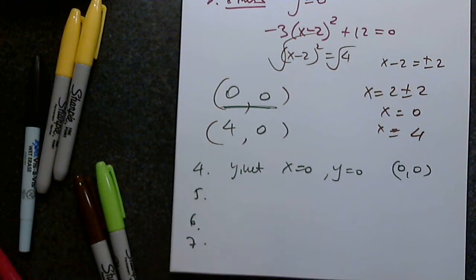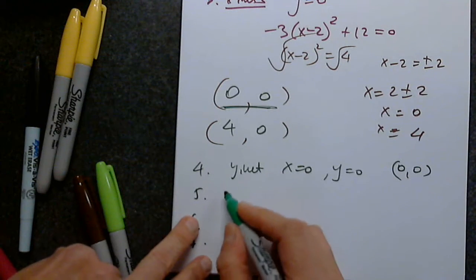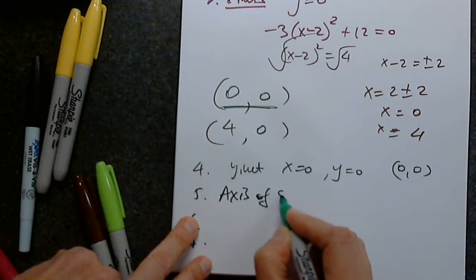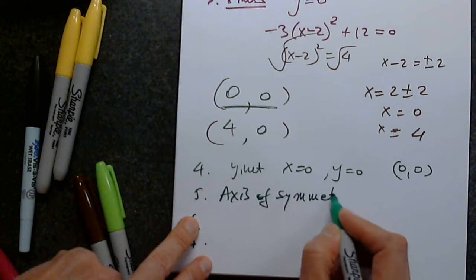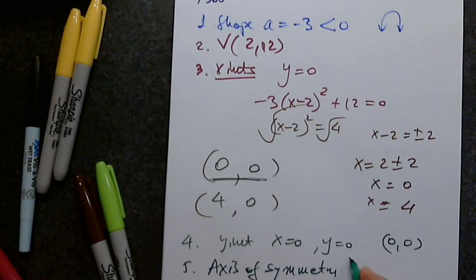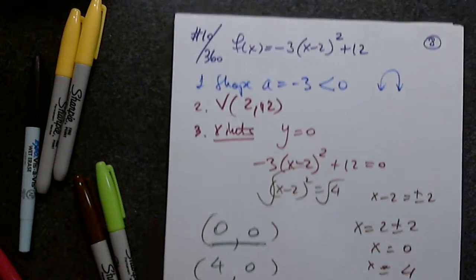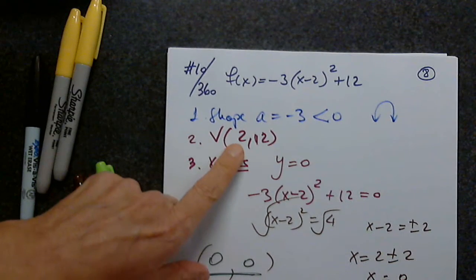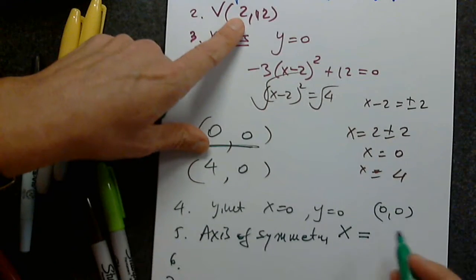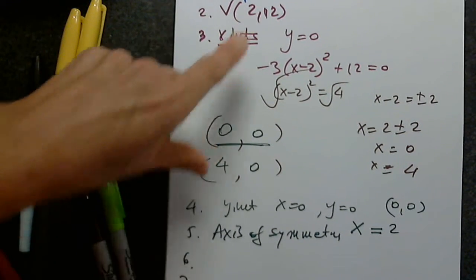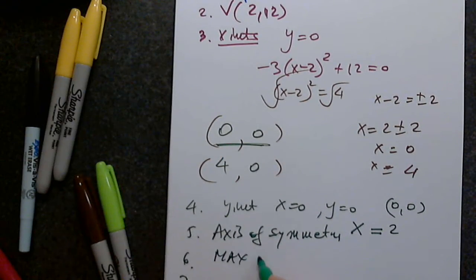Okay, number 5, the axis of symmetry. What is the axis of symmetry of this parabola? I need x equals. You're right, it's x equals 2, the x-coordinate of the vertex. Very good. So what is the maximum value?